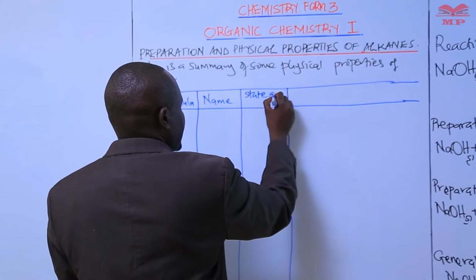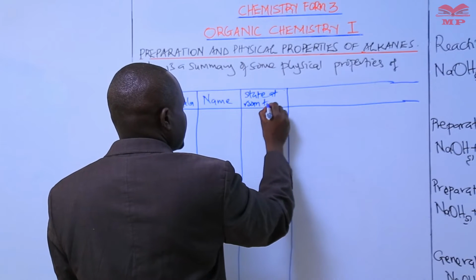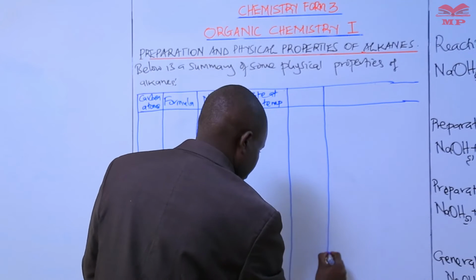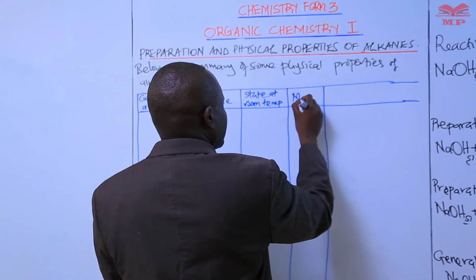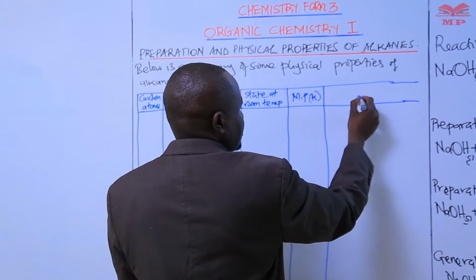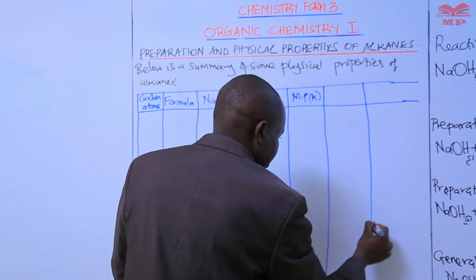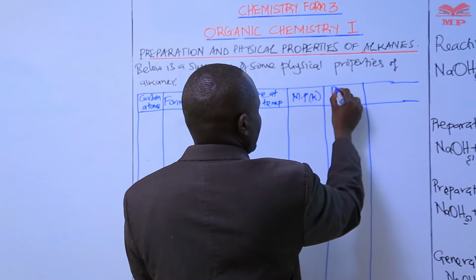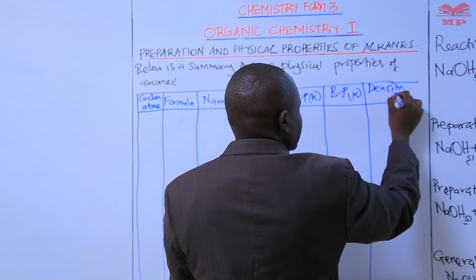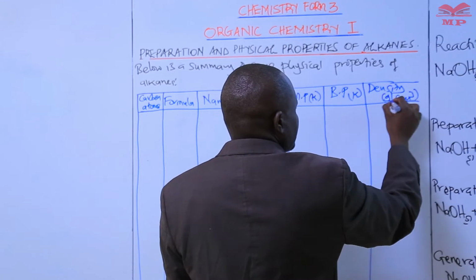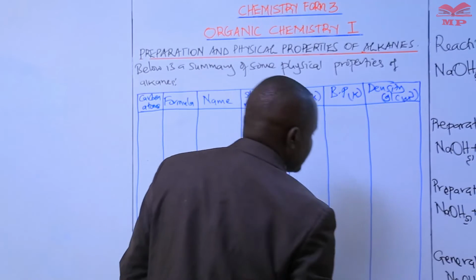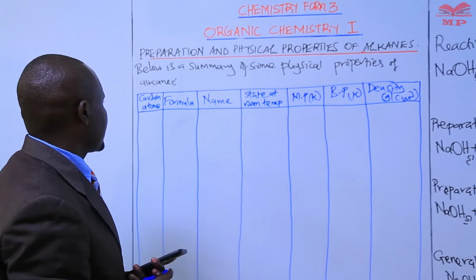Then the next column, we shall have melting point, which is in Kelvin. Then the second last column, we shall have our boiling point. Then lastly is density in grams per centimeter cubed. So this table will give us the properties of these alkanes.